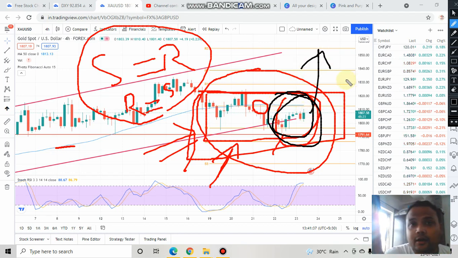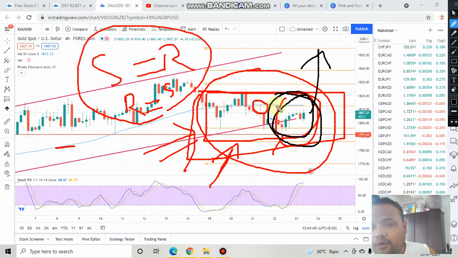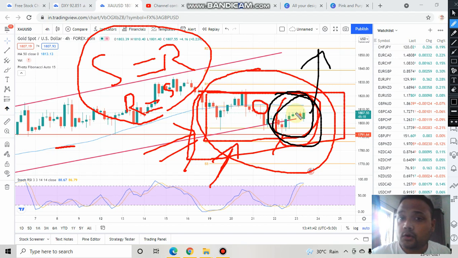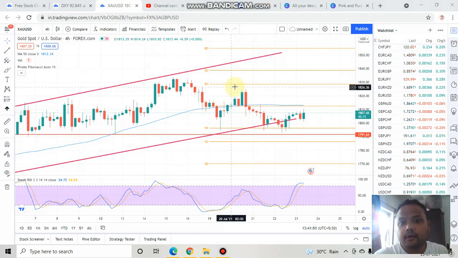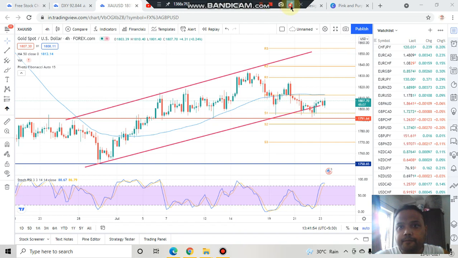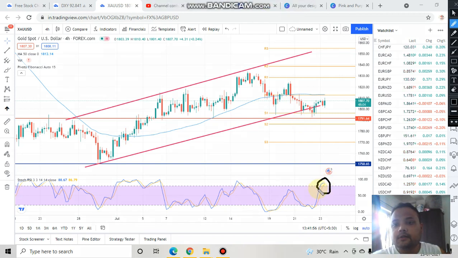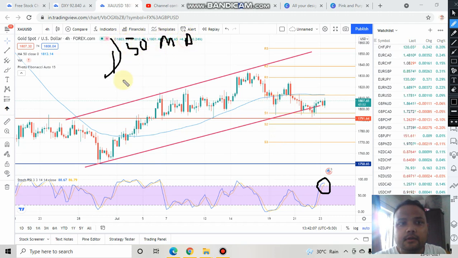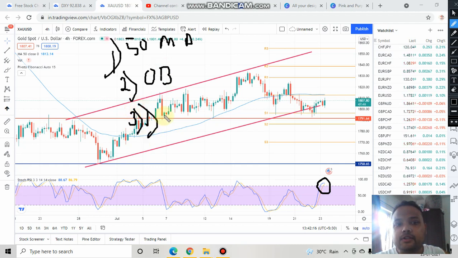No. Right now the bulls do not have the required strength to take the price upward, and there is a good possibility that the 50 moving average may also act as a resistance for the market. After that, you can see that stochastic RSI is also in the overbought zone. So the first condition is the 50 moving average, the second is the market being overbought, and the third is divergence.